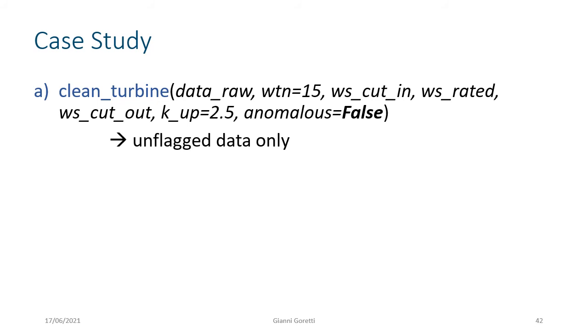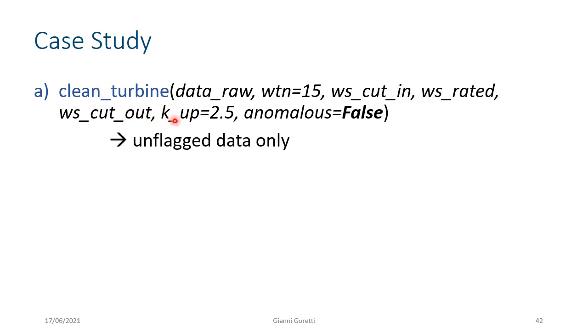So in the first case, we call the function. As you see, the data set is defined as data row. We have 15 wind turbines. The parameters here are defined: cut-in, rated, and cut-out wind speed.